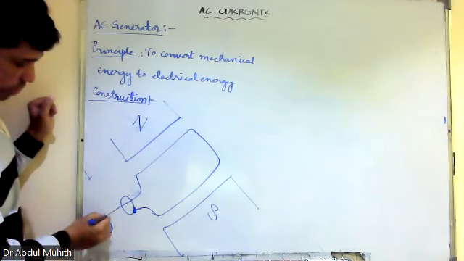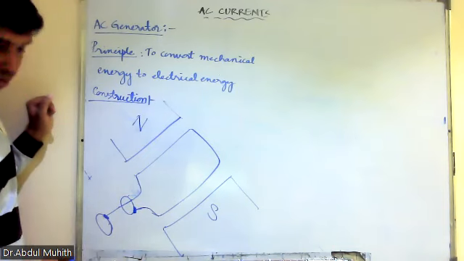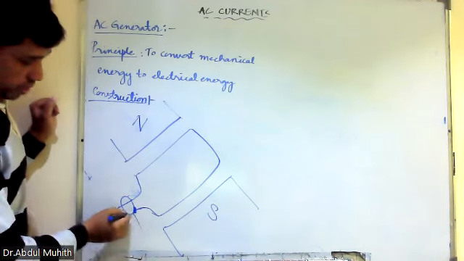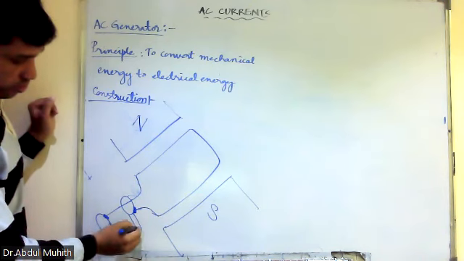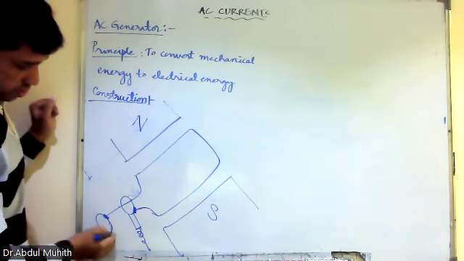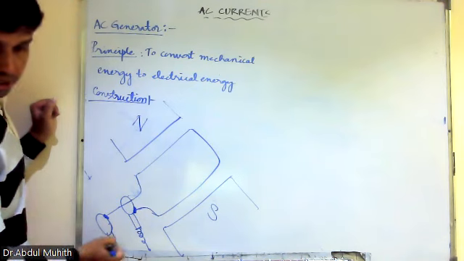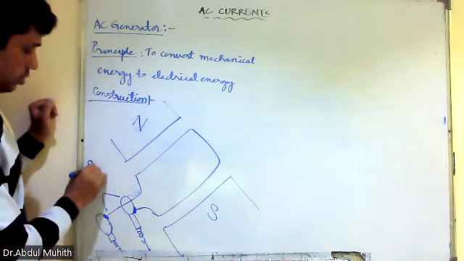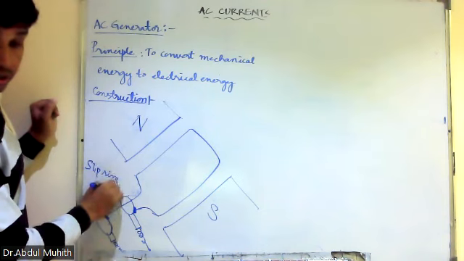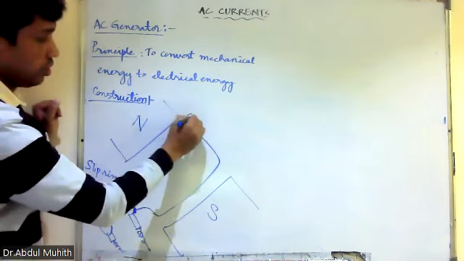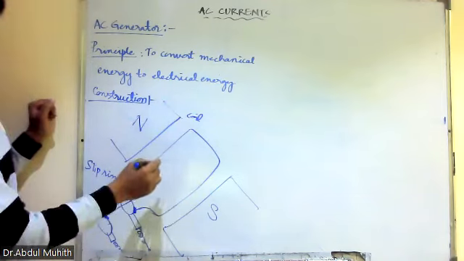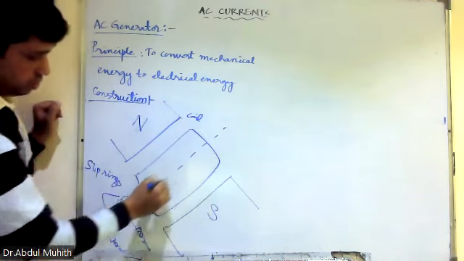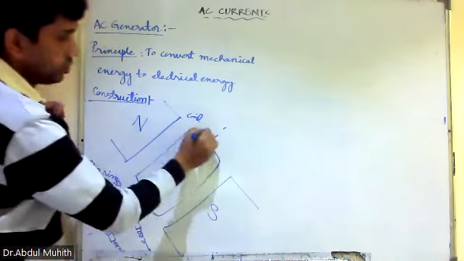There's a metal brush here actually. Now these two are connected to what? These two are connected to here. So this is what? Slip rings. These two are slip rings. And this is a coil, and this is the axle.